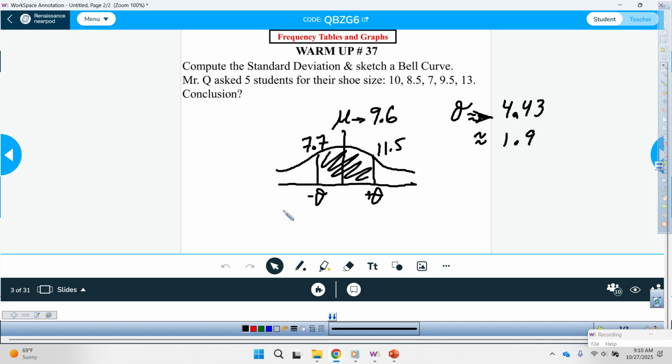No? 7.6? From 9.6? 7.6 plus 1.9 is 9.5, and we're at 9.6.